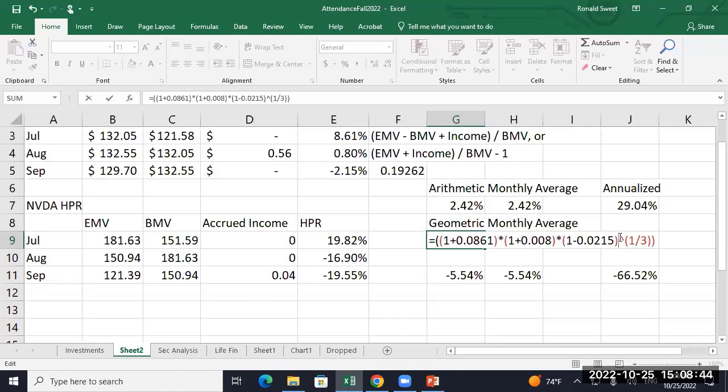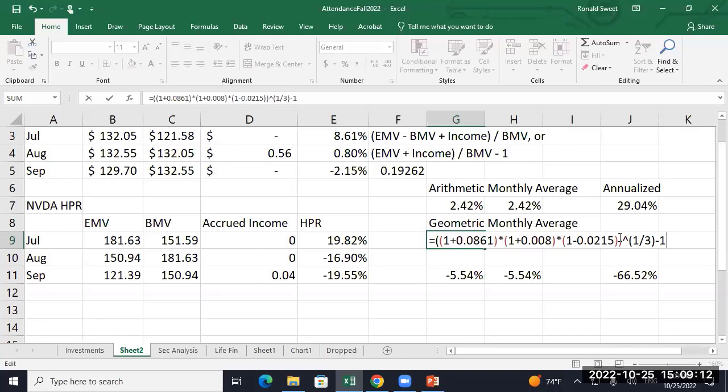So you got to make sure the raise to the power is after all of that. You got to multiply all that together, get a number, and then you raise it to the 1 divided by n. Here we have 3 months. So we raise it to the 1 divided by 3, minus 1. And that's going to give us our number.